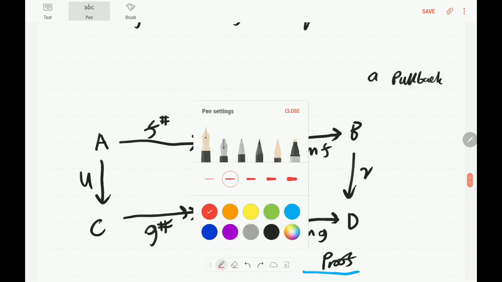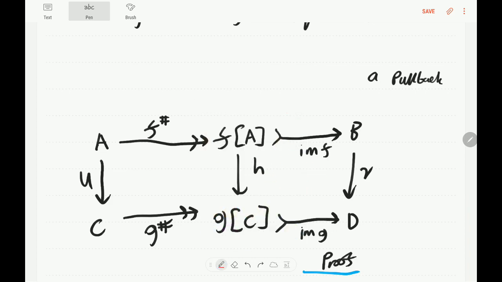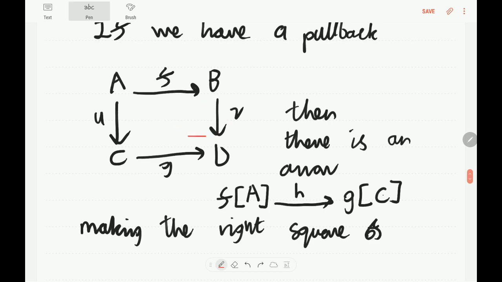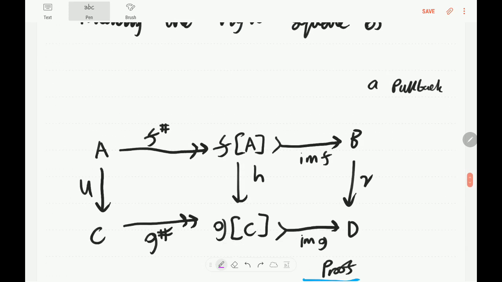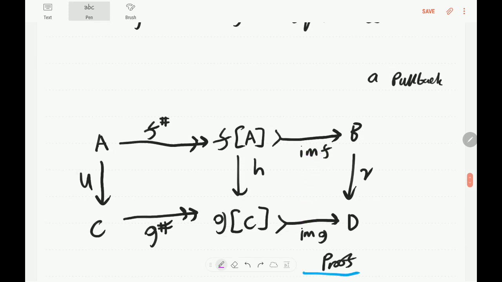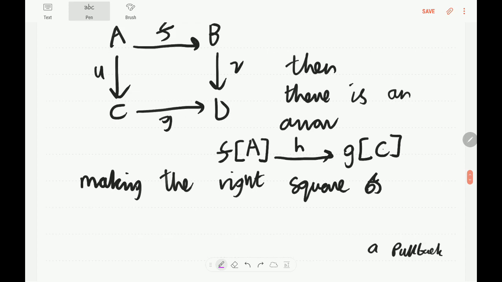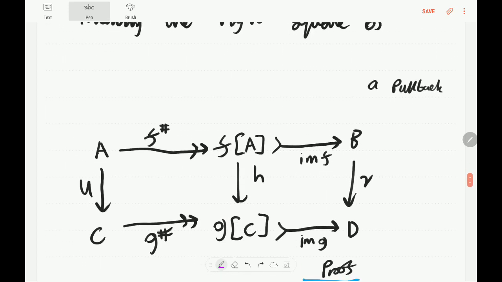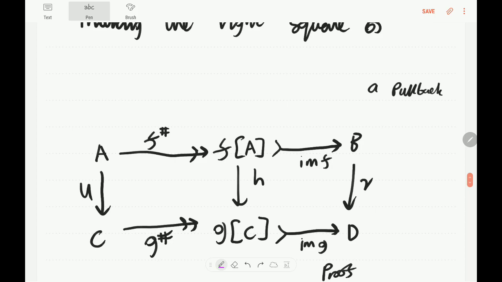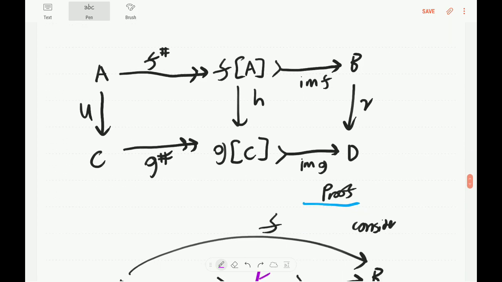So basically what this is saying is that when we have a pullback, we can replace two of the parallel arrows in that pullback square with their images, and we get another pullback square. We'd also have to replace one of the two arrows going in the opposite direction, the one that's not involved in the pullback diagram.